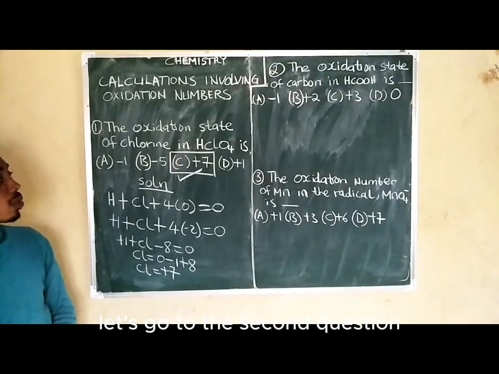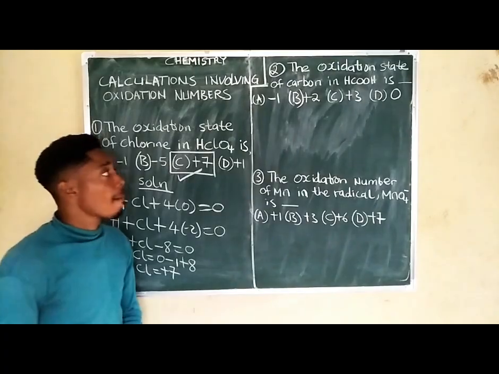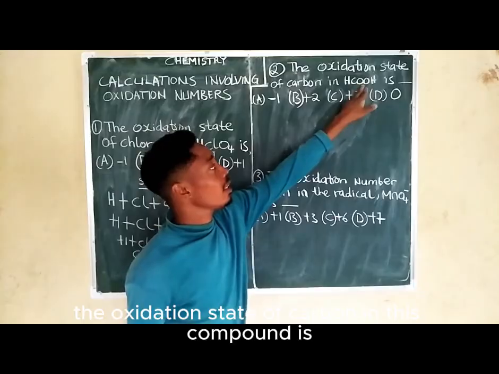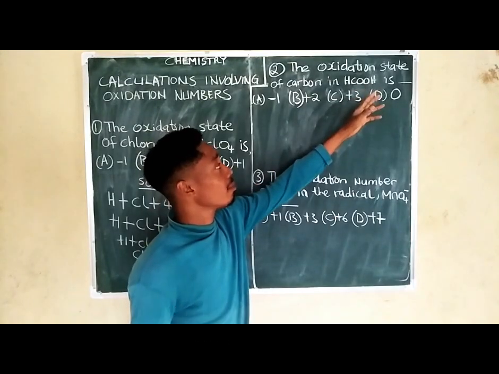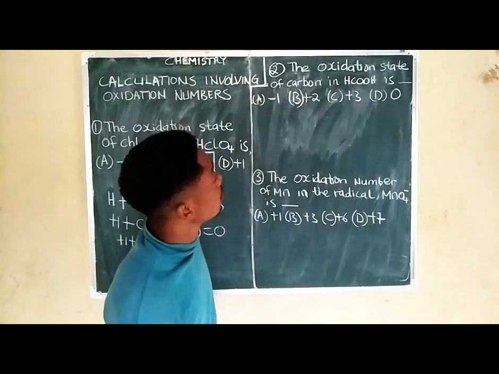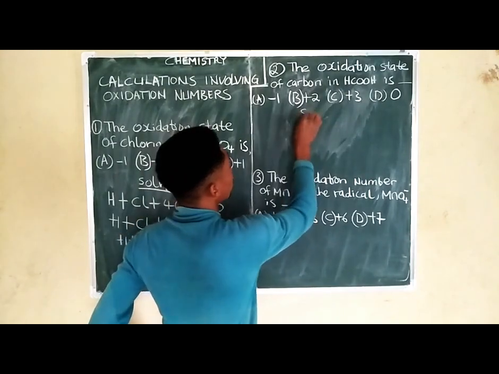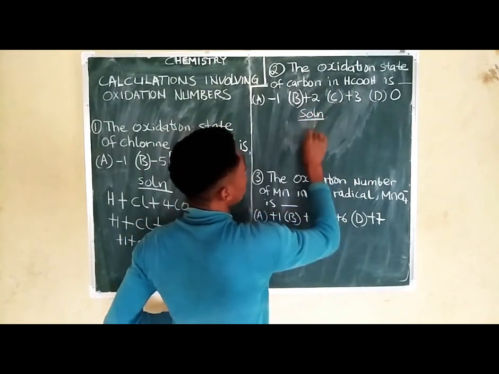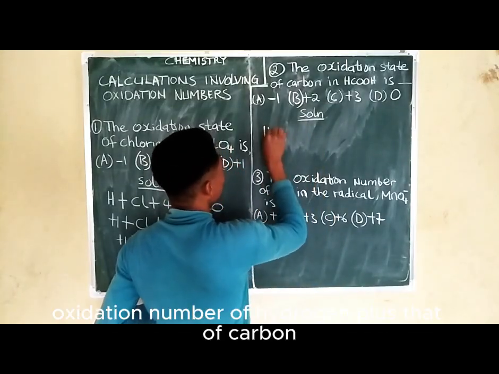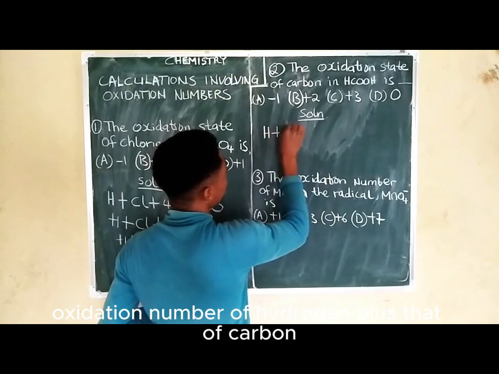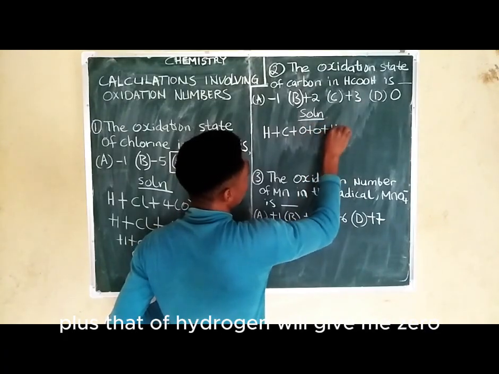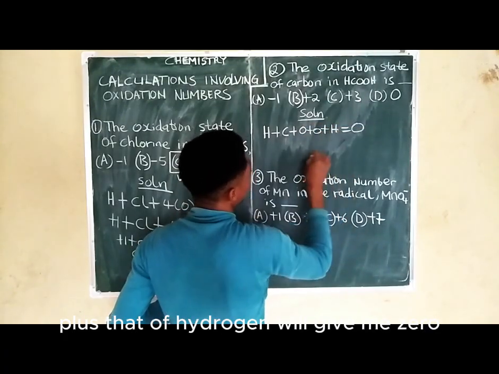Let's go to the second question. The oxidation state of carbon in this compound, this is methanoic acid. Because it's a compound, not an ion, the oxidation number of hydrogen plus that of carbon plus that of oxygen plus that of oxygen plus that of hydrogen will give me 0.